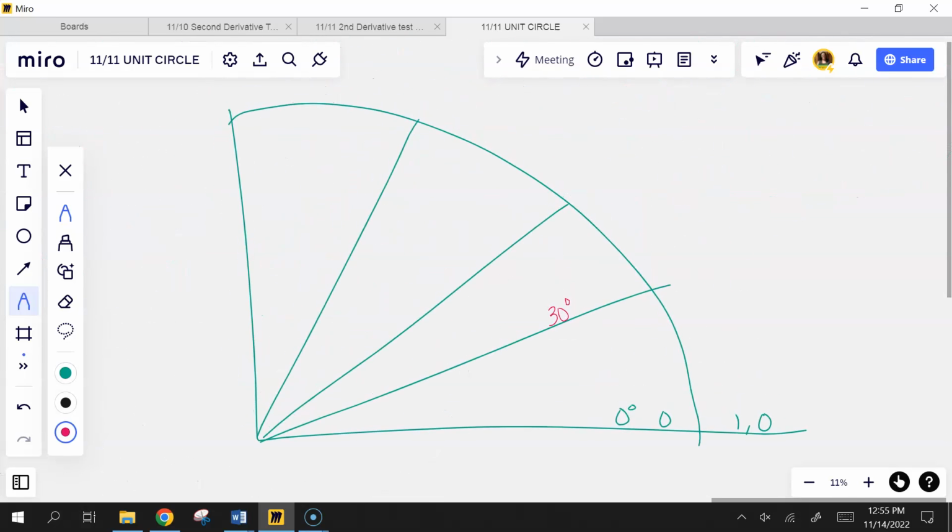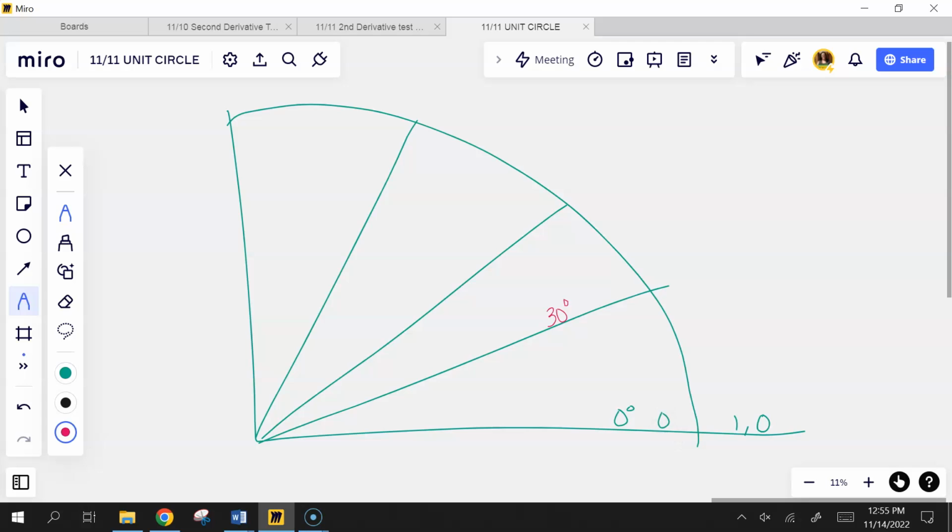If you don't go anywhere, you're 0 degrees. This is always this. 0, 1 for 90.